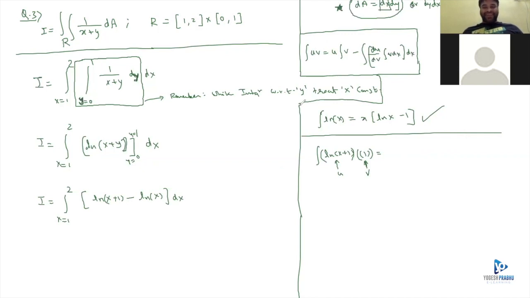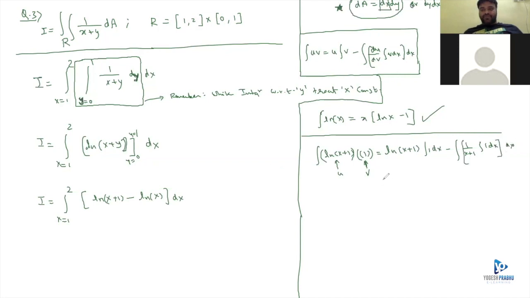Not really. You just have to remember it maybe later on. Give some time and you'll be fine. So u is ln x plus 1, integral of 1 dx, minus then integral of du, 1 over x plus 1, times integral of 1 dx, the whole dx.